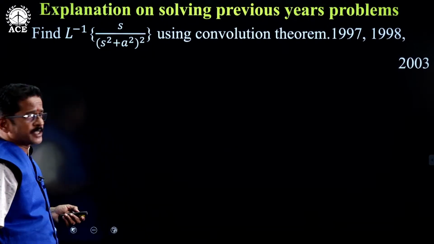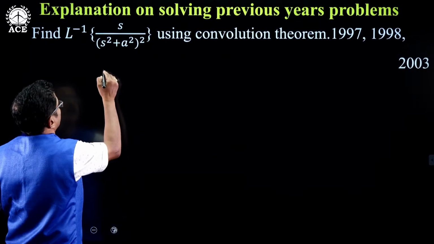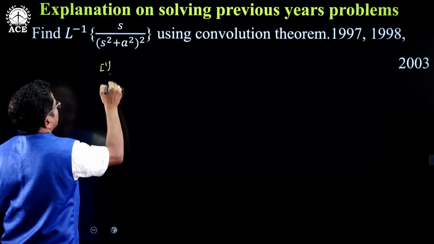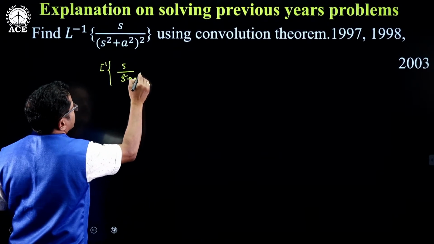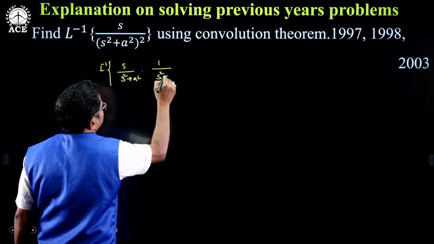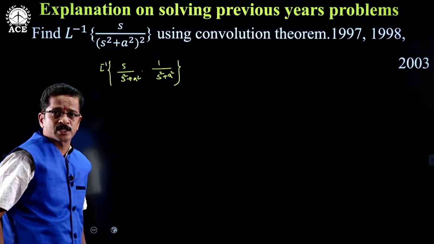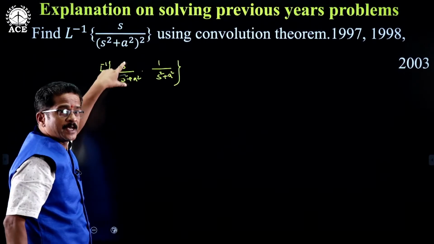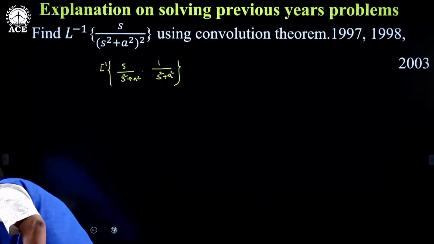Find L inverse of s by s square plus a square whole square. Here, I am writing L inverse of s by s square plus a square whole square as L inverse of s by s square plus a square into 1 by s square plus a square.